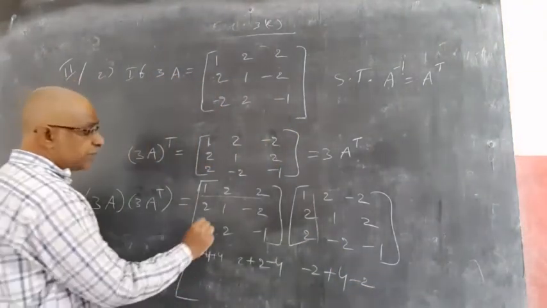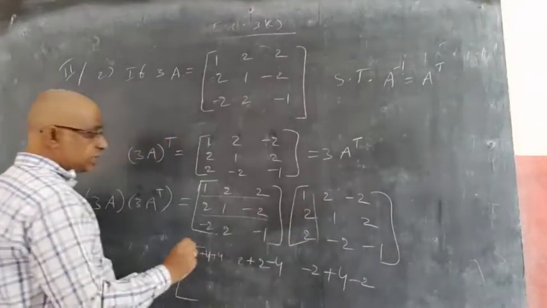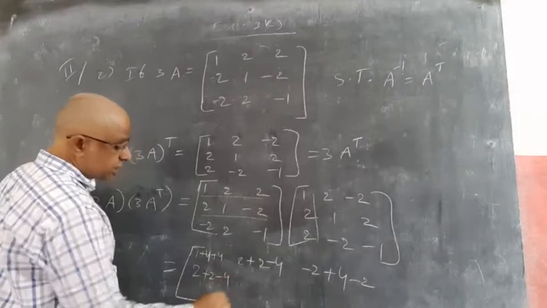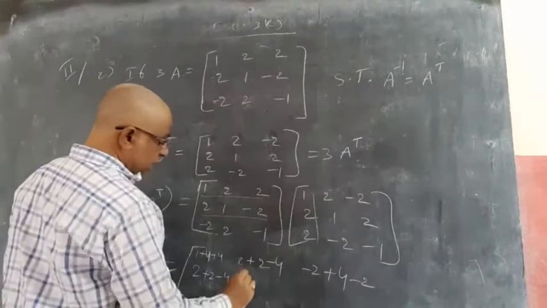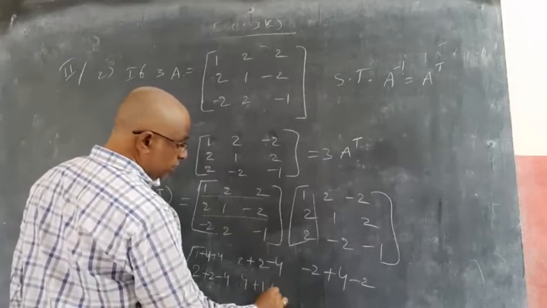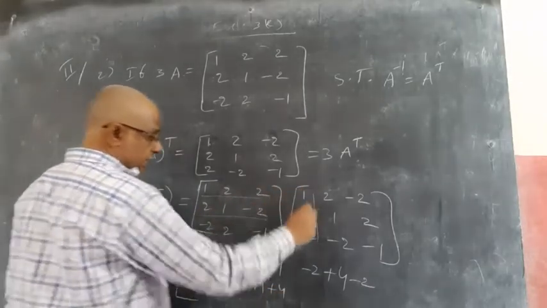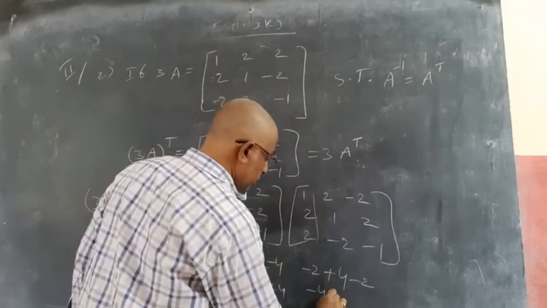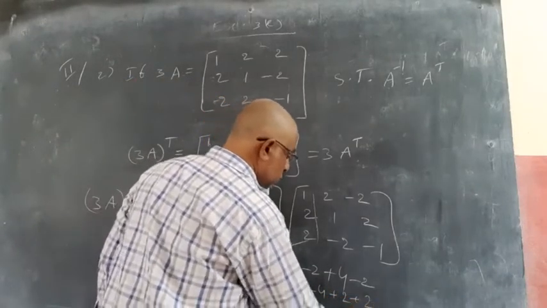Same for this element. Second row with first column: 2 ones are 2, plus 2 ones are 2, minus 4. Next, second row with second column: 4 plus 1 plus 4. Again, second row with third column: minus 4 plus 2 plus 2.